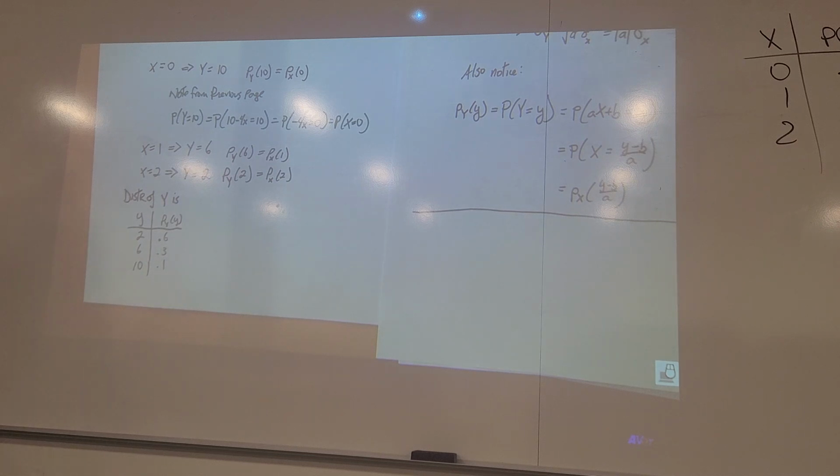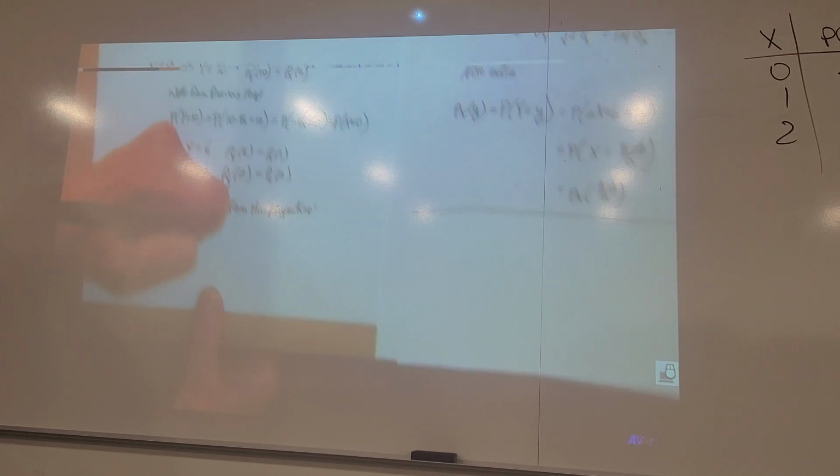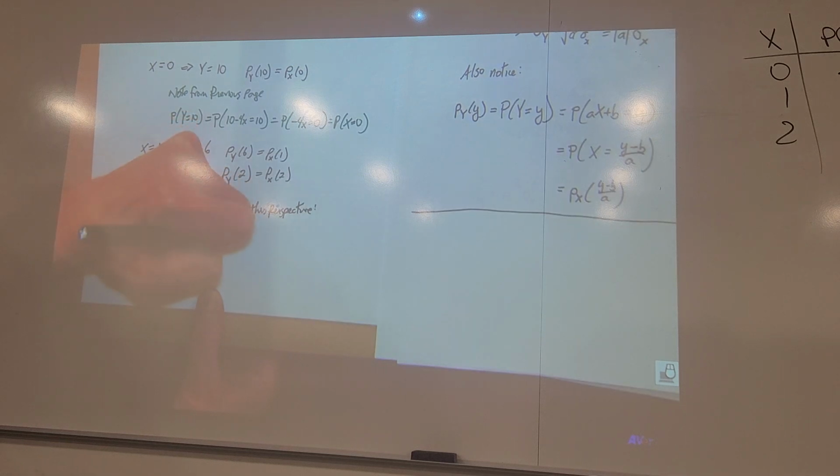And then you can convince yourselves, note from this perspective, that the mean of y is the sum across all your y's of y times its weight, or 2 times 0.6 plus 6 times 0.3 plus 10 times 0.1.